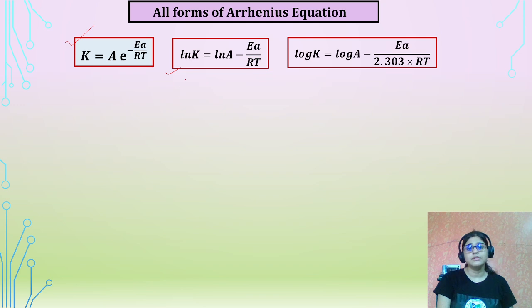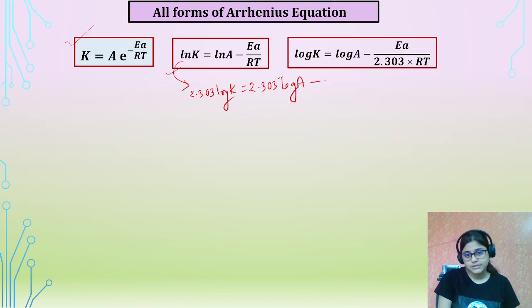How did it come? If we convert ln to log, it will be 2.303 log k. Sorry, not ln, log k. It will also be 2.303 log A minus, here no log is there, Ea by RT.